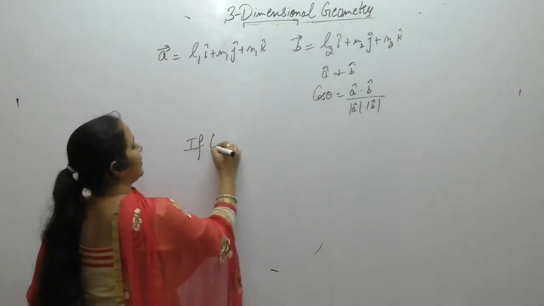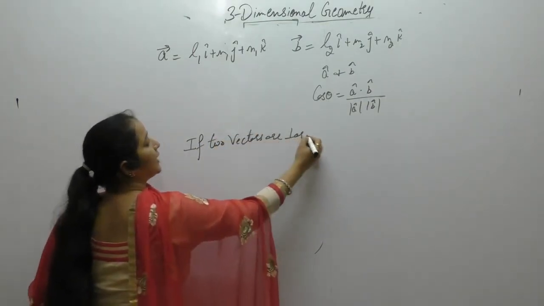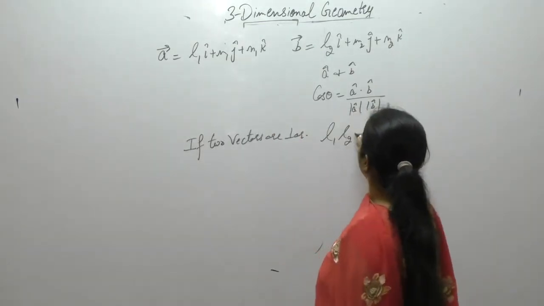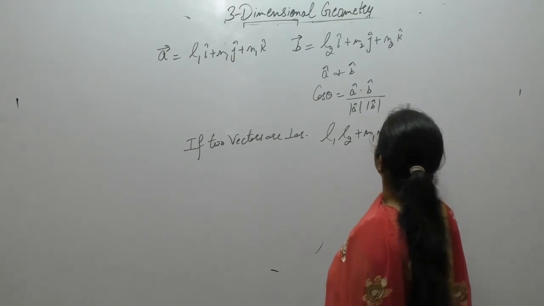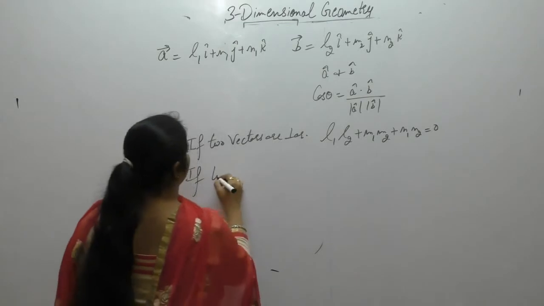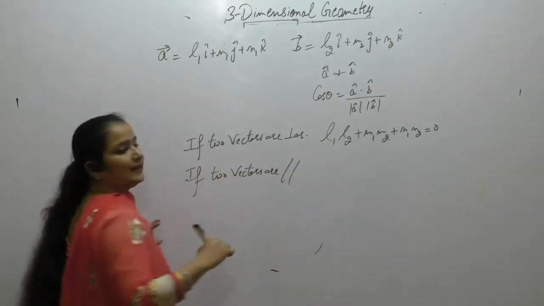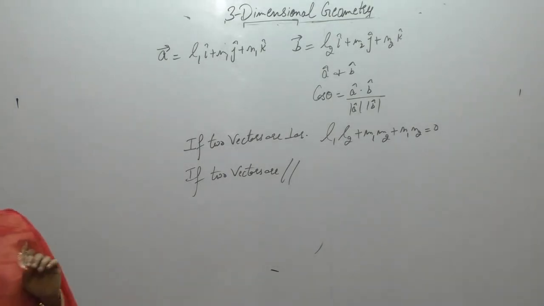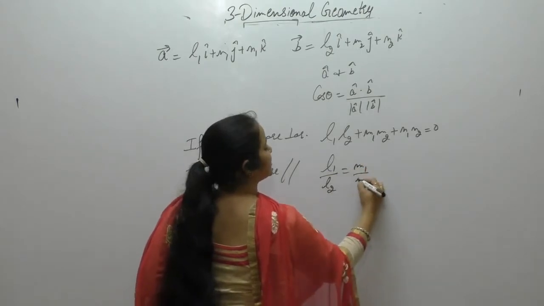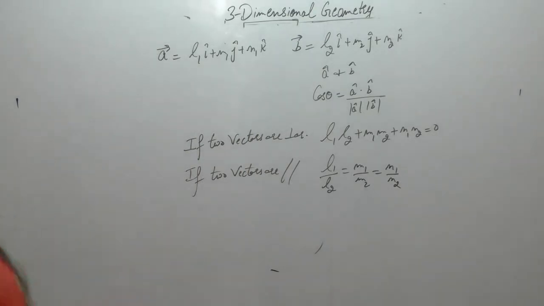If two vectors are perpendicular और हमें उसके डायरेक्शन कोसाइंस गिवन है, then L1 L2 plus M1 M2 plus N1 N2 is 0. If two vectors are parallel, अगर दो वेक्टर पैरेलल है और हमें उसके डायरेक्शन कोसाइंस गिवन है, then L1 upon L2 is equals to M1 upon M2 is equals to N1 upon N2.